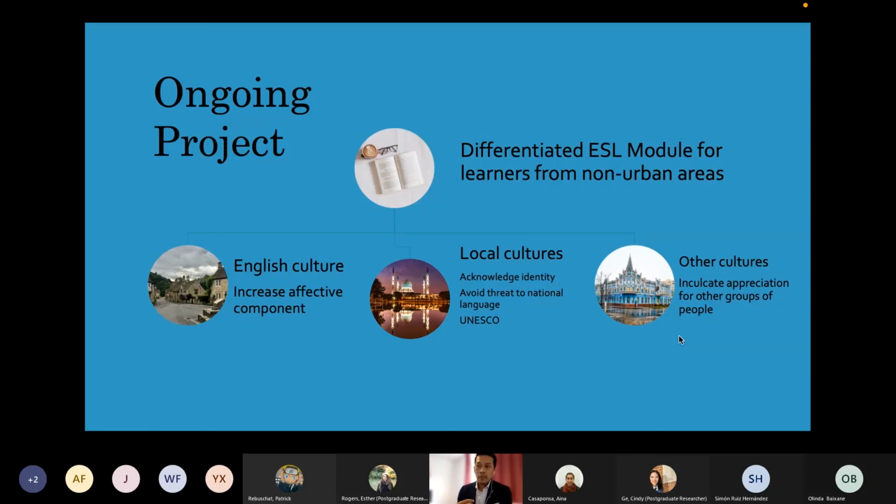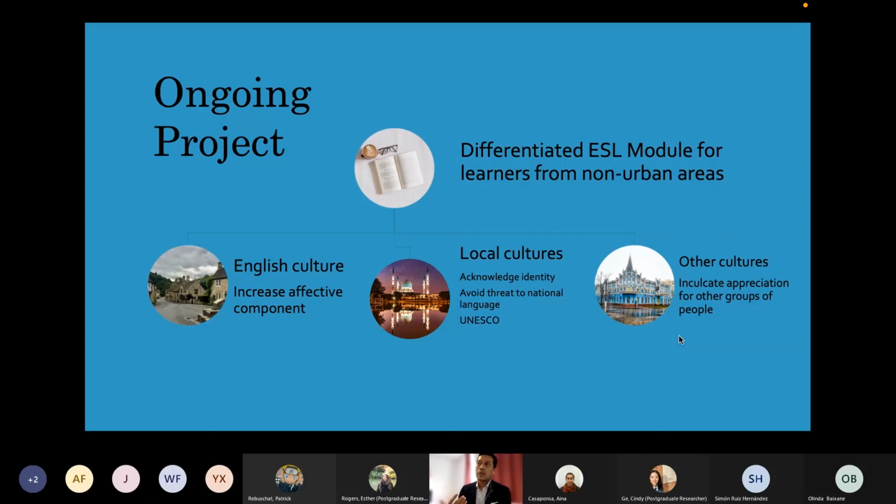And I'm looking forward to native speakers of English, or of other languages, becoming co-developers, co-designers of the differentiated module that will integrate English culture and some local cultures, and also other cultures.